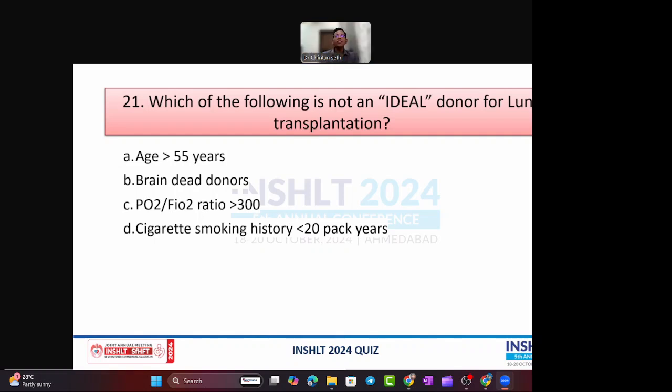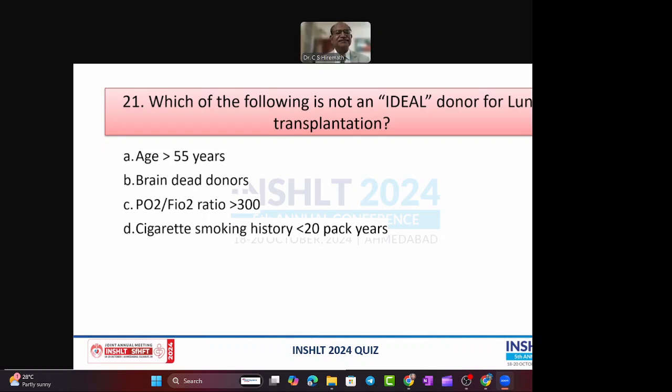No, sir, this is absolutely fine. Cigarette smoking, if it is more than 20 pack-years, then it is not acceptable. Less than 20 pack-years, we can consider. So the answer is only the first one, age greater than 55 years. If smoking is more than 20 pack-years, then it is not an ideal donor. Less than 20 pack-years, we can accept that patient as an ideal donor. Sure, sir. Thank you for the clarity.